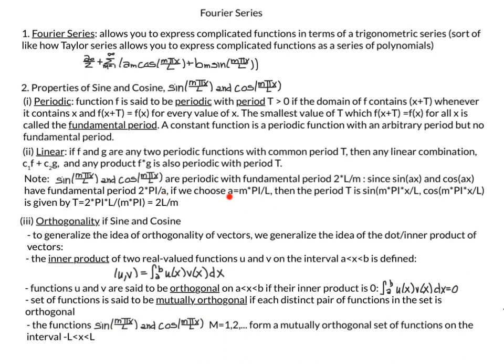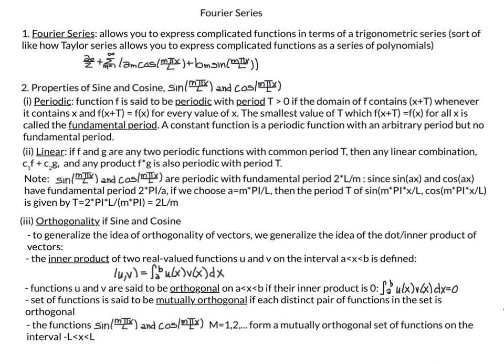So if we choose a equal to m times pi over L, then we can see that the period of sine m pi x over L, it looks nicer here how I wrote it out, or cosine m pi x over L is given by 2 pi times L over m pi, which reduces to 2L over m, which is what we have over here.